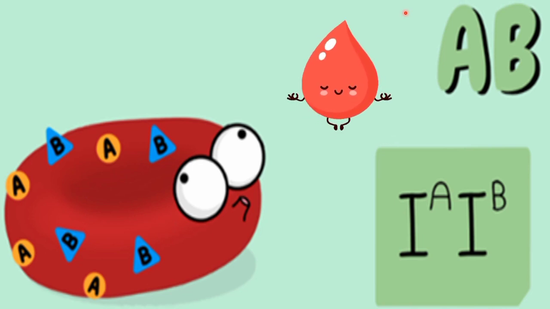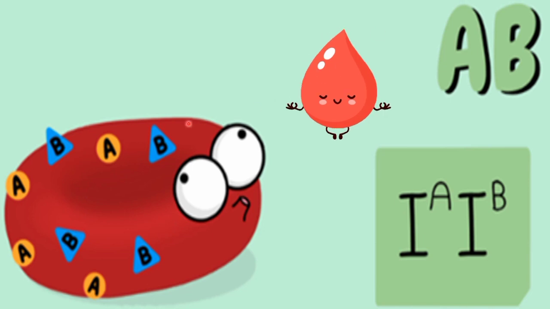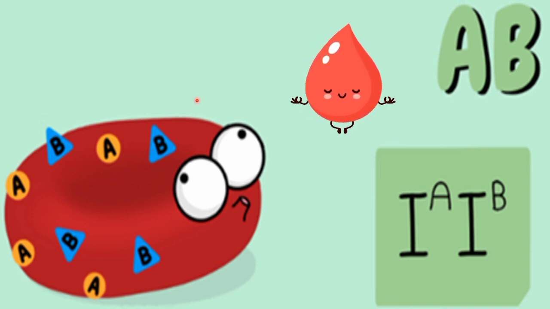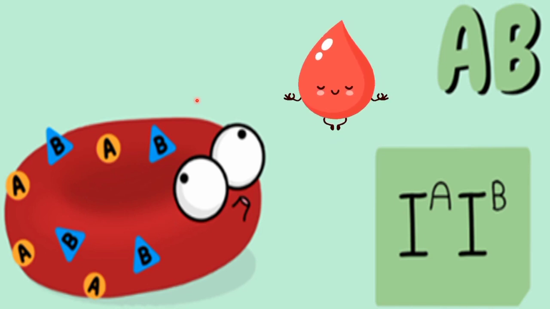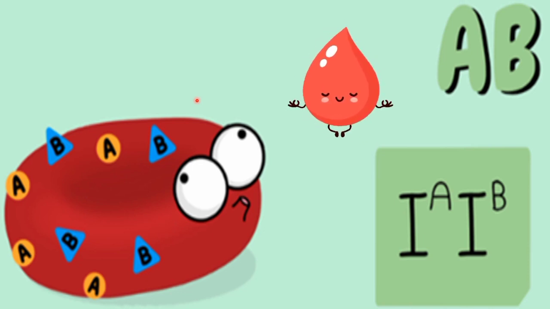Did you know that blood type AB is considered the universal recipient since it can receive from blood type A, blood type B, blood type O, and blood type AB? The genotype of blood type AB is IAIB.